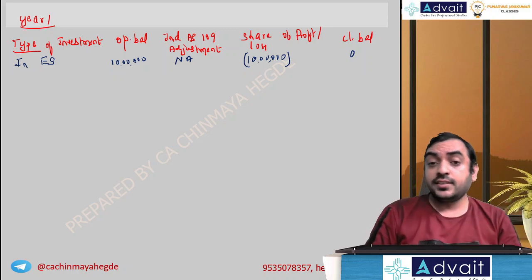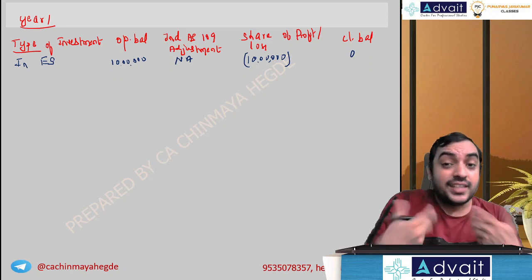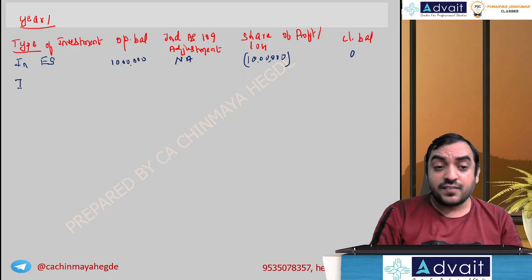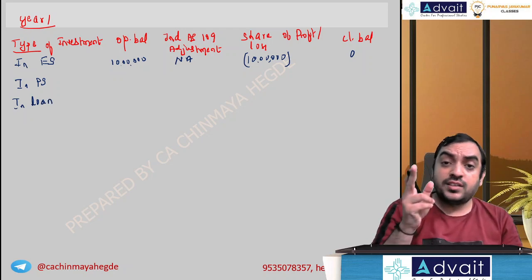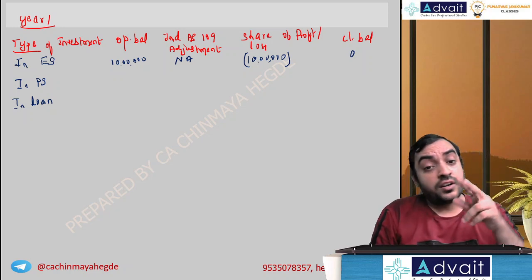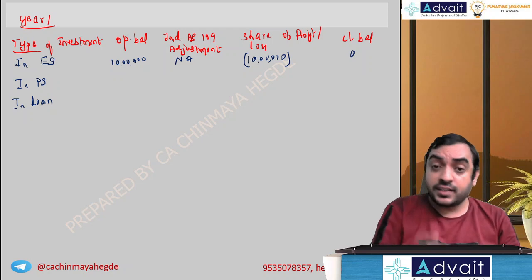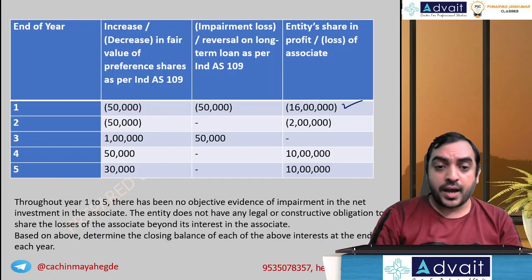Sir, the share of loss is 16 lakh. Hold on a second. 16 lakh we have adjusted against equity shares. But in this problem, we have investment in preference shares also, and investment in loan also. Before you adjust the loss against the investment in preference shares or in loan, first you provide for the Ind AS 109 adjustment, which we have in our column also. So let me write the balance.